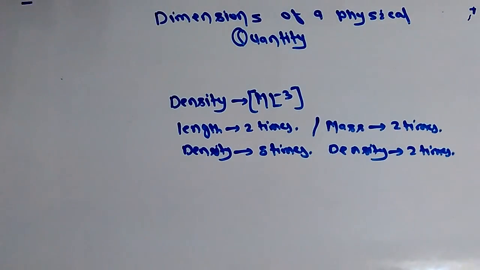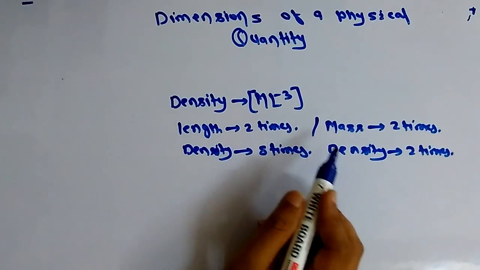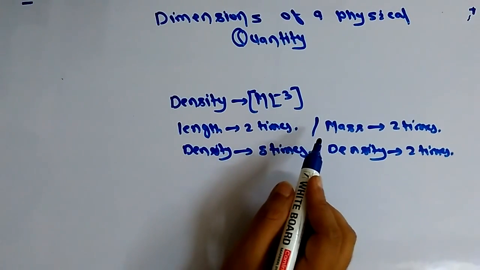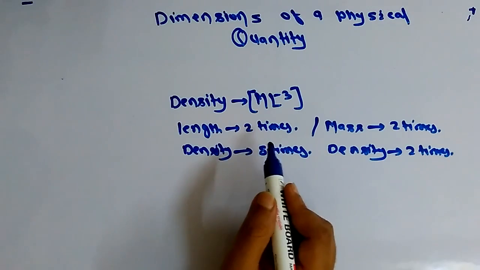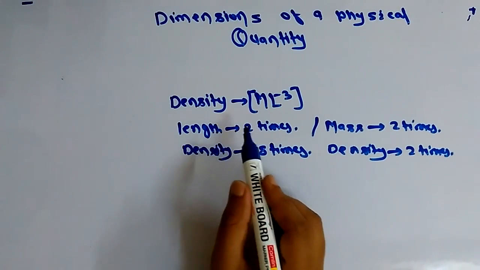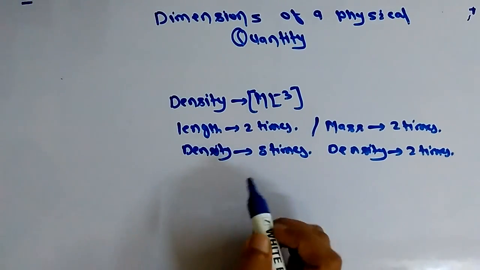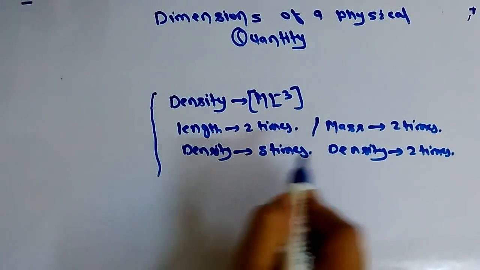So from here we can say which quantity is more affected. Here length has more impact compared to mass. We also have seen that density is directly proportional to mass and inversely proportional to length. These informations we are getting from the dimensions.